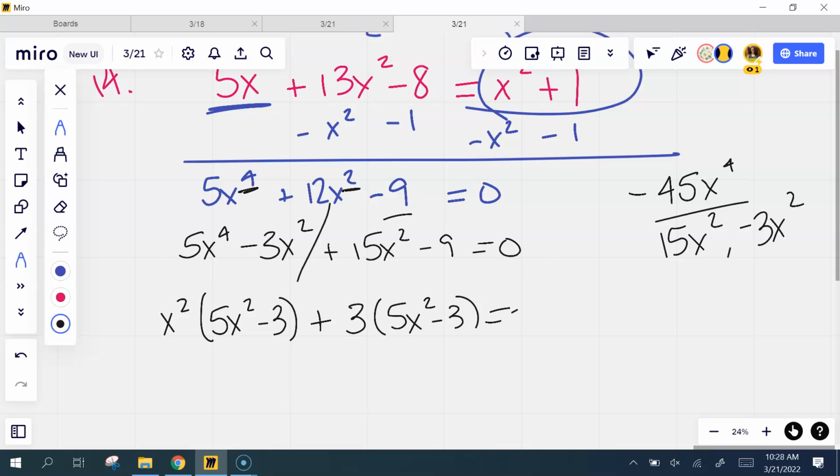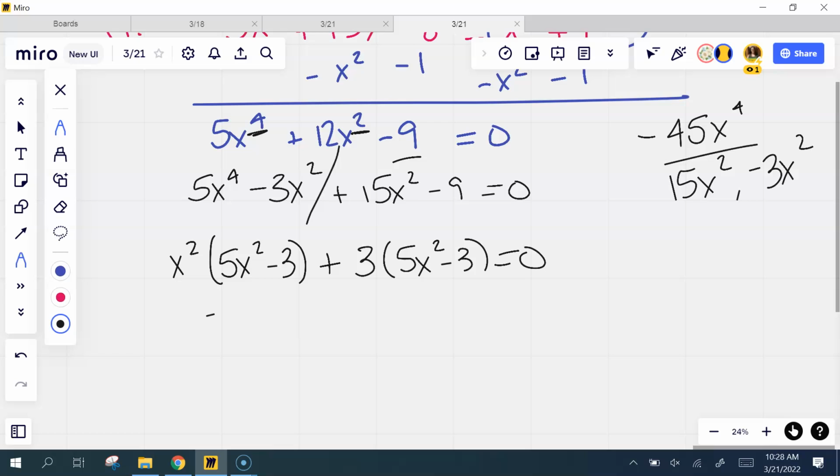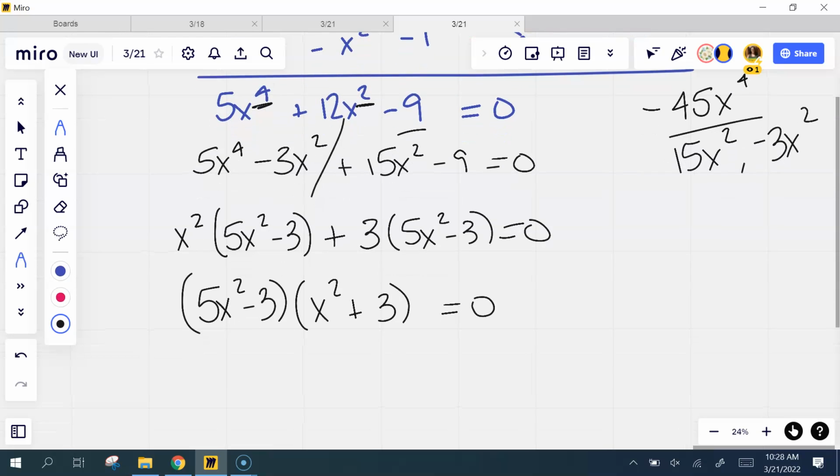And if I've done it correctly, it should be the same thing, right? I now have 5x squared minus 3 times x squared plus 3. What now? Everybody goes to 0. That's exactly right.